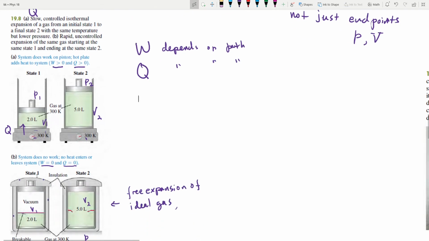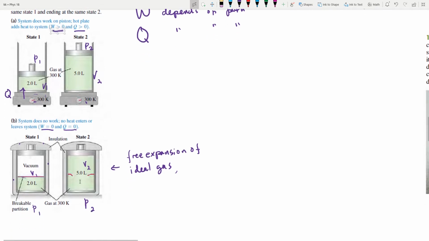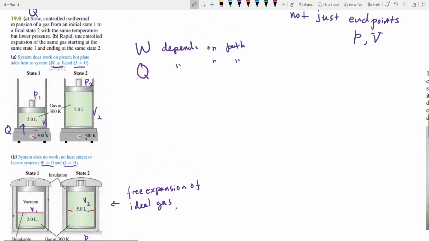Because think about these two scenarios right here. In this case, it could possibly be true that the amount of heat that comes in is equal to the amount of work that comes out. And if that's the case, then we could see that there's some type of a connection between this state and this state.